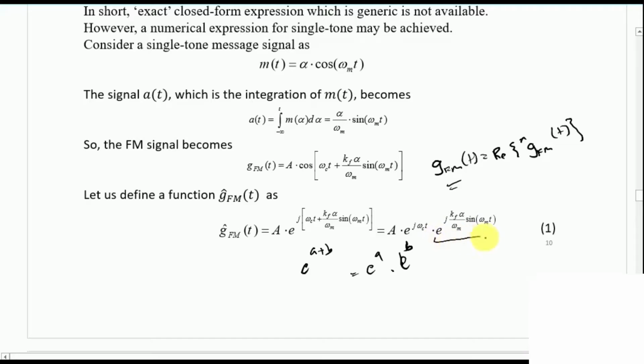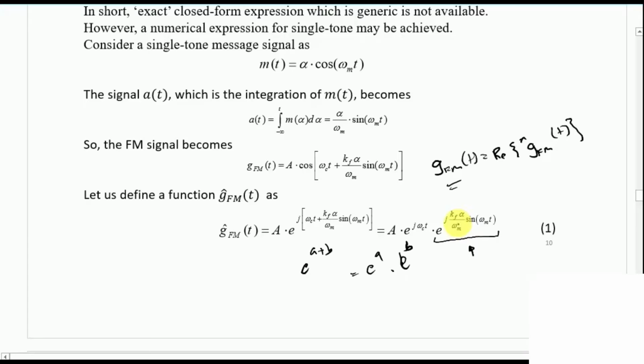Previously in narrowband we had a similar expression and we used a Taylor series, but at that time it was converging, such that the higher order terms in which you have k_f squared alpha squared became smaller and smaller as you increase the order.